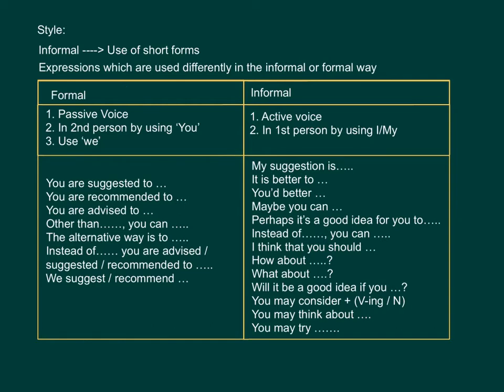The formal expression should be in passive voice and in the second person by using you and we. The examples are you are suggested to, you are recommended to, you are advised to, other than, you can.